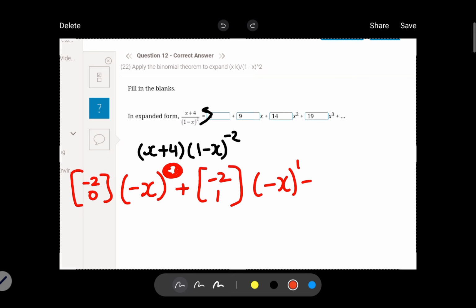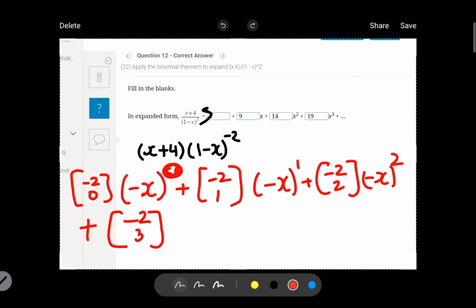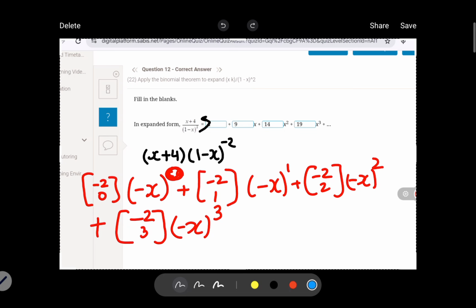This is 1 plus negative 2, 2, and then negative x to the power of 2 plus negative 2, 3, negative x to the power of 3. Okay, we cannot have negative, negative, negative, negative. This doesn't really matter because here you will get 1, because anything combination 0 is 1.